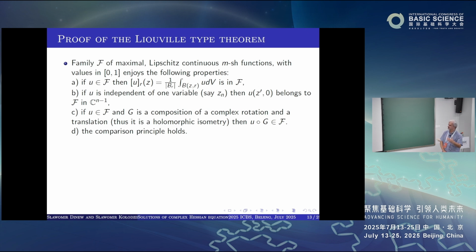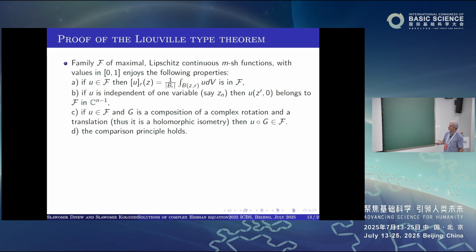As I said, since it is also used in some other contexts, I tried to extract the properties of the M subharmonic functions which I used here for this proof. And if you have it for some other family of functions, then possibly you can also prove this Liouville type theorem.